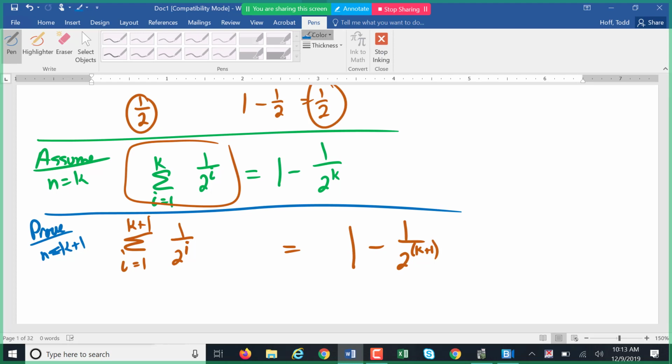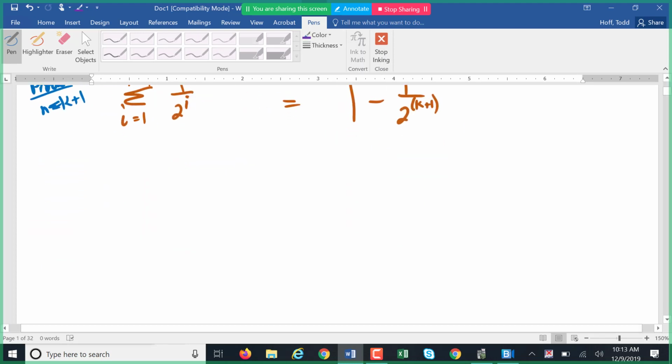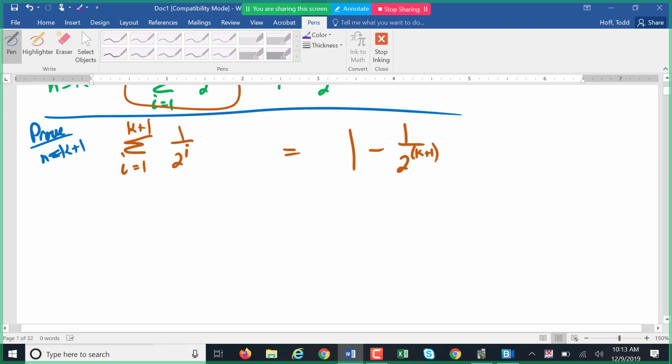So on the left side here, we're going to separate it again like we always do. We separate this as the summation from i equals 1 to k of 1 over 2 to the i, plus the k plus 1 term, which would just be 1 over 2 to the k plus 1.